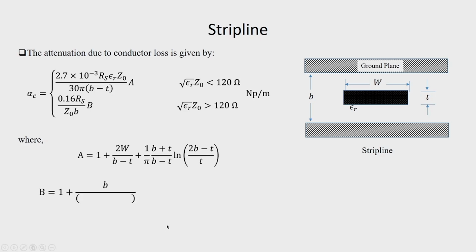and for a given transmission line strip line configuration with values of W, T, epsilon r and B known, attenuation constant alpha can be calculated. We need additional information about RS, the sheet resistance.